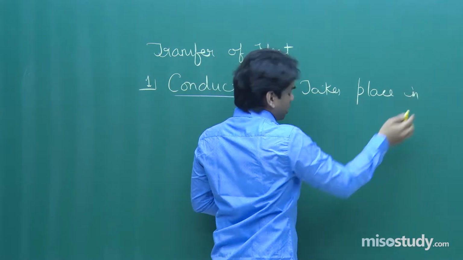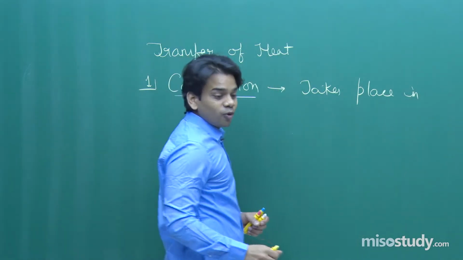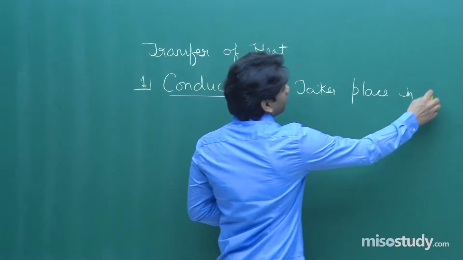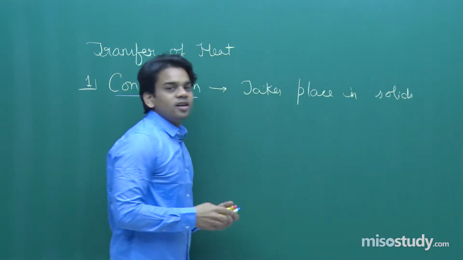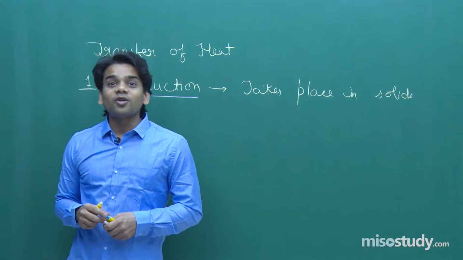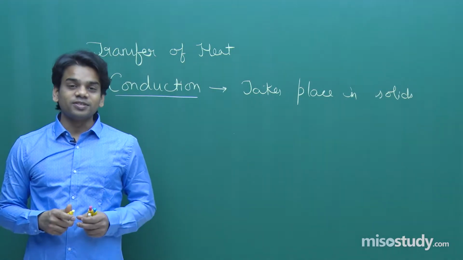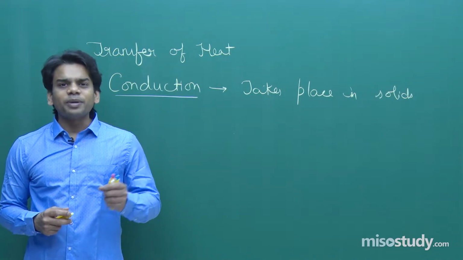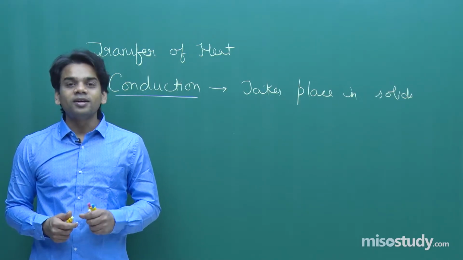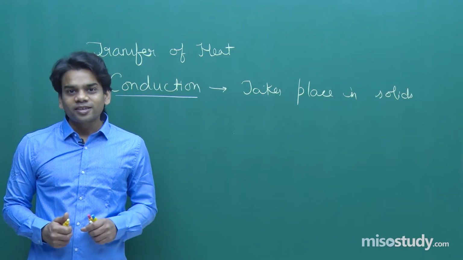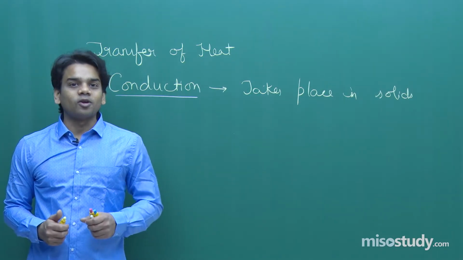Now there are many kinds of solids. We have wood as a solid, we have metals as solids. Generally metals are good conductors of heat and will transmit heat in the best way. That is, the rate of transfer of heat through metals will be better compared to the rate in wood or, let's say, any non-metal object.